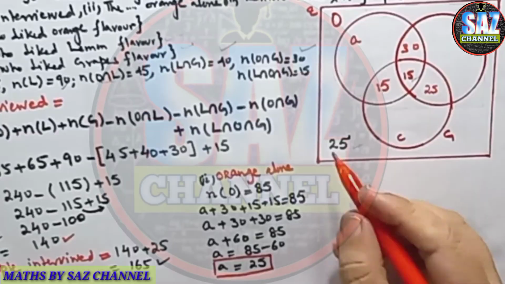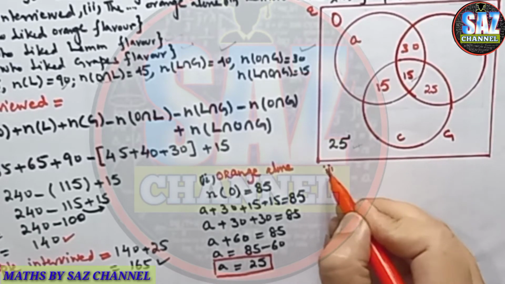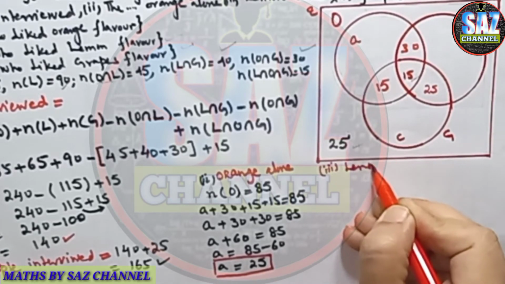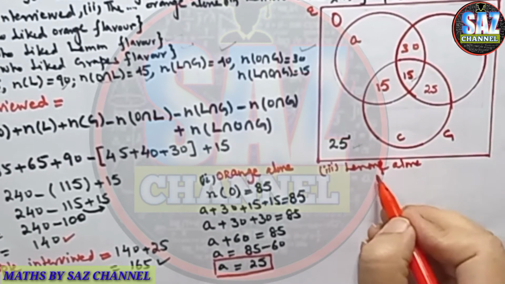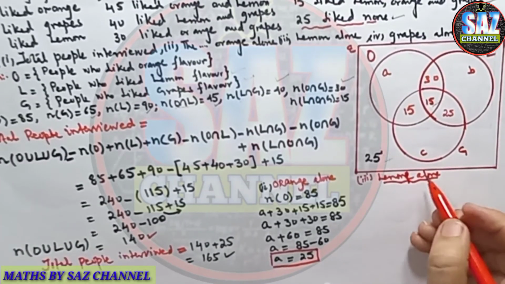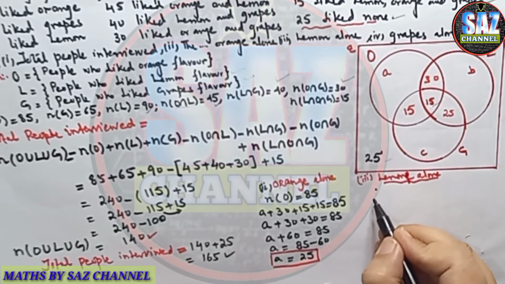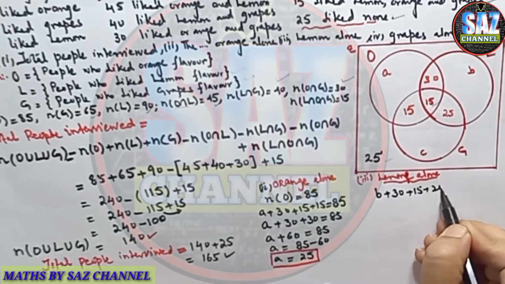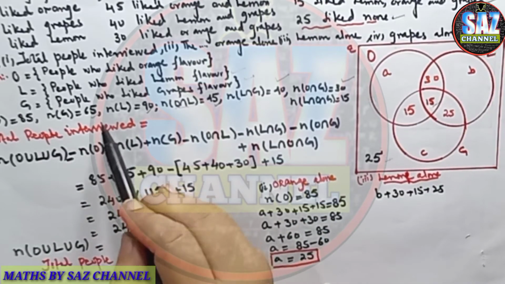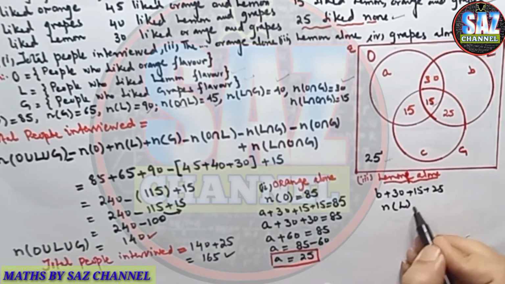Now the next part, that is the number of people who liked lemon alone. Third part, lemon alone. Look at the circle for the lemon, that is containing the elements B plus 30 plus 15 plus 25. Now the total for the lemon is 90. Number of people who like lemon is 90.